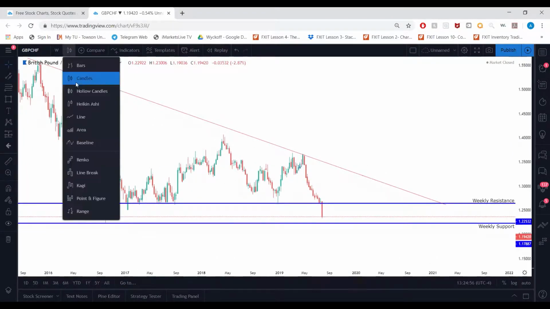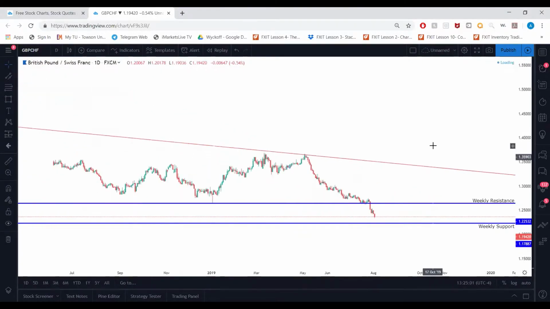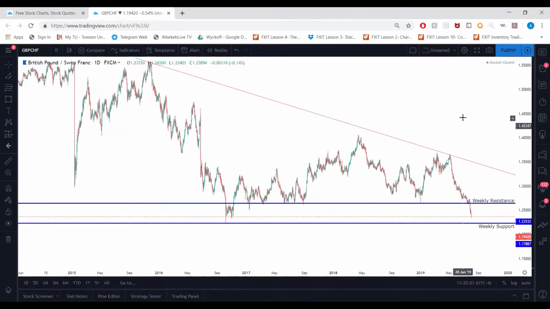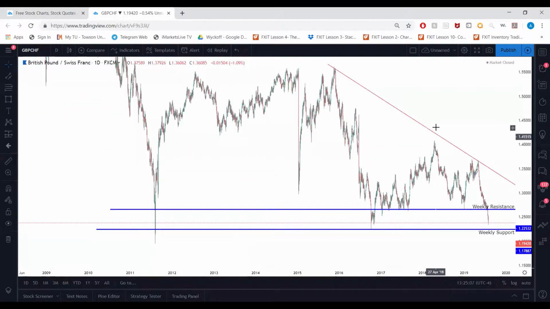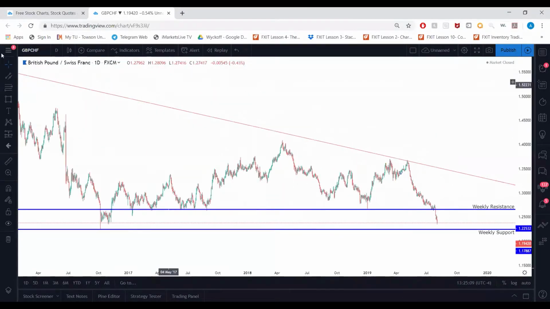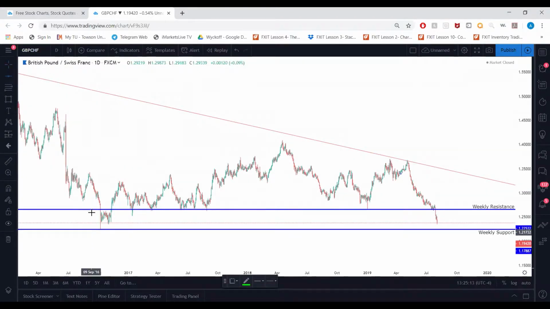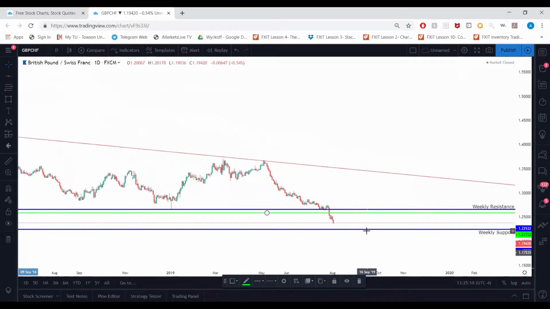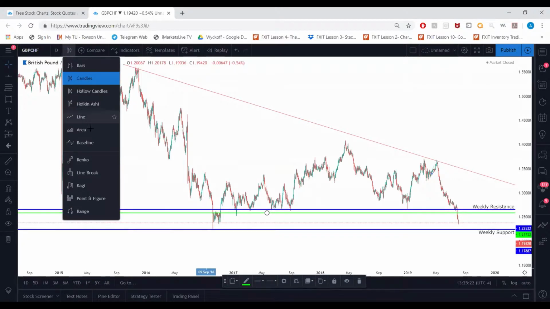So we have to now go on a smaller time frame to see if we can find some intraday zone. And we can kind of utilize this horizontal line. Let me see.